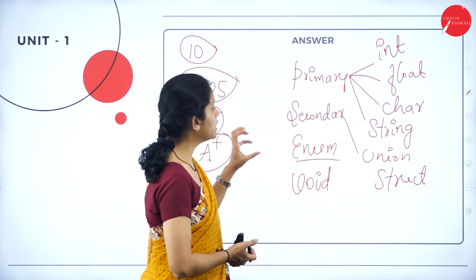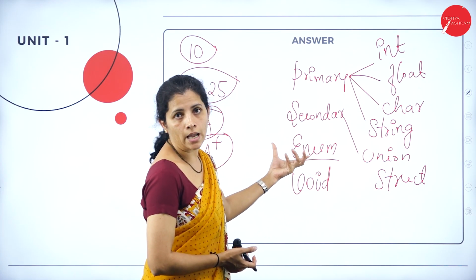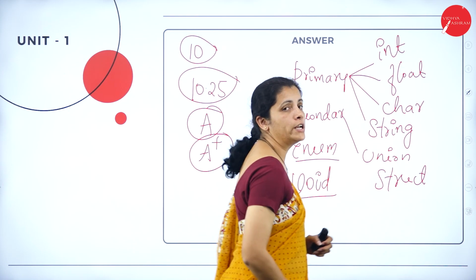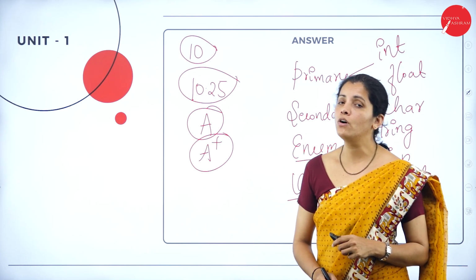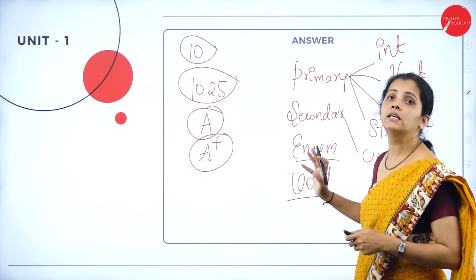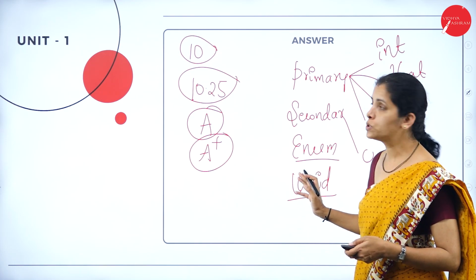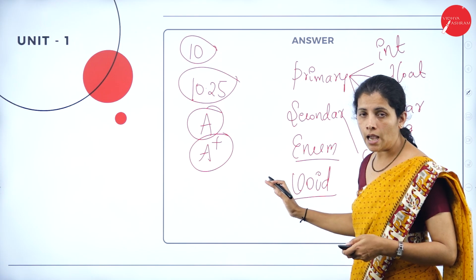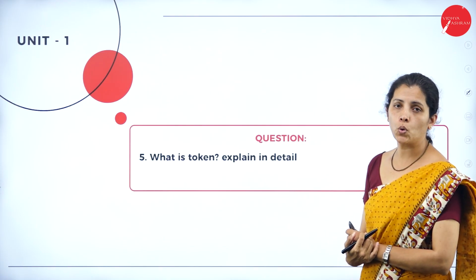So I am going to create an enumerated data type by using enum. The last one is void data type. So what is the meaning of void? It does not return any value. So these are the 4 different data types that come under C program.